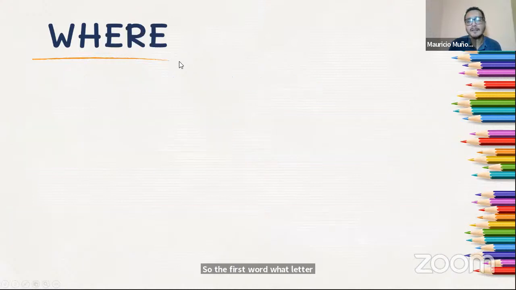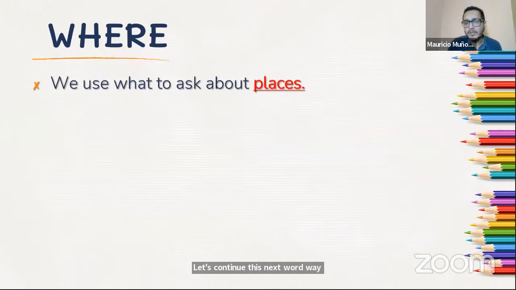Let's continue. Next word, where. We use where to ask about places. Acá where significa dónde y obviamente al formular una pregunta con esta palabra al inicio pues buscamos información sobre lugares, places.